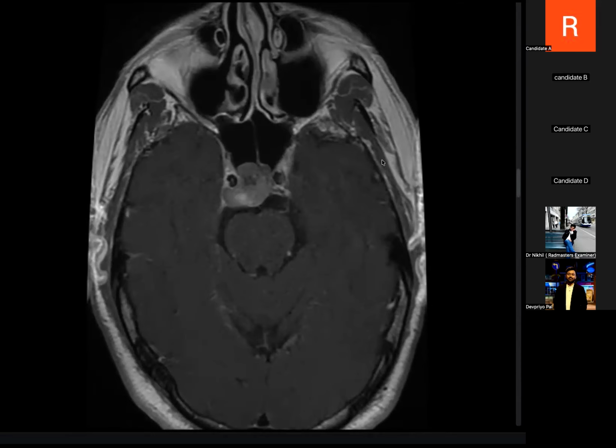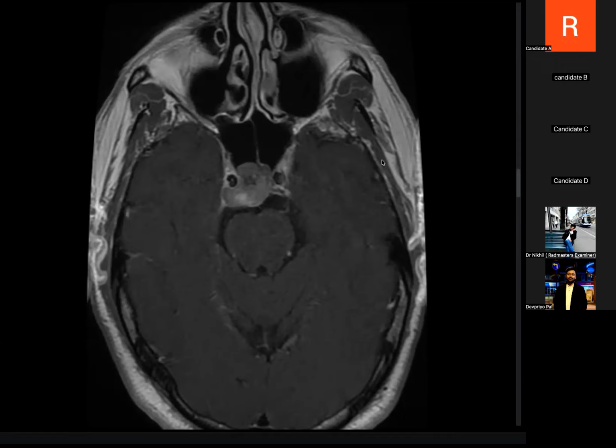I would also keep metastasis as my second diagnosis if it is non-primary. I will convey these findings to the referring physician and arrange neurosurgical input and a neurosurgical MDT for further management.